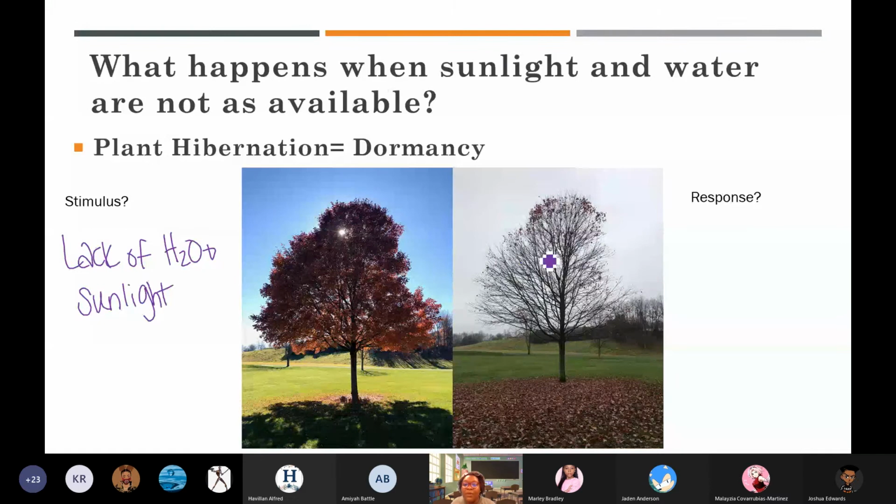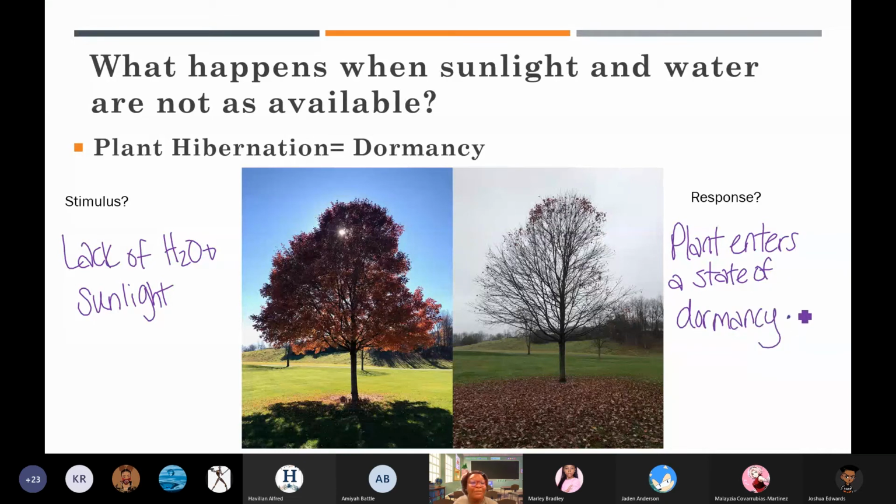And so the response would be the plant enters a state of dormancy. Take some time to finish this up, please. We'll be going on in 3 minutes. You do not need to draw that picture, guys.